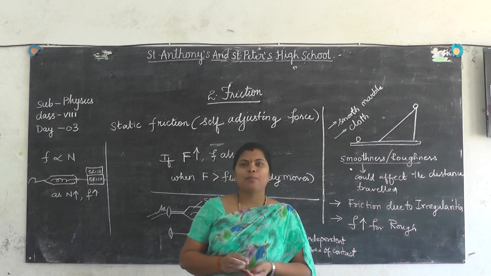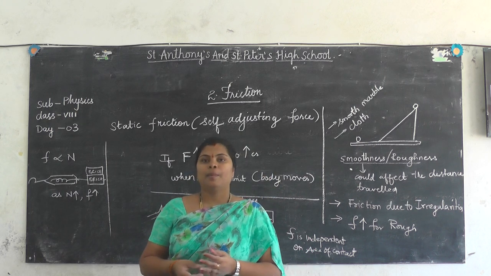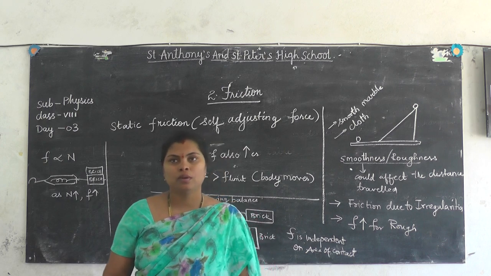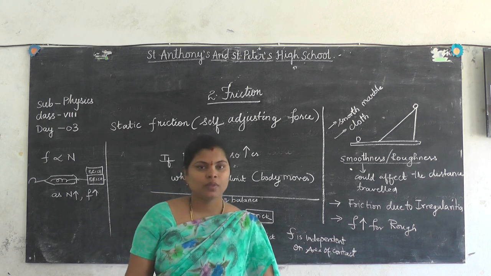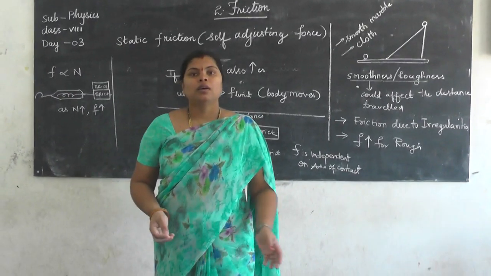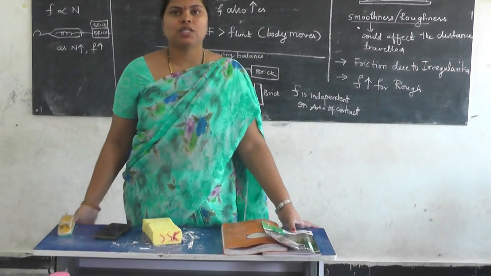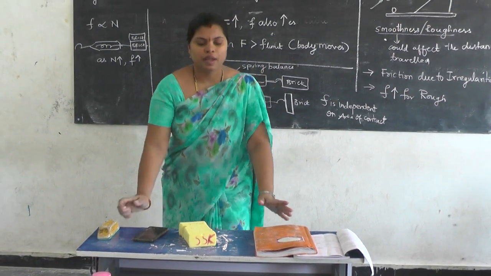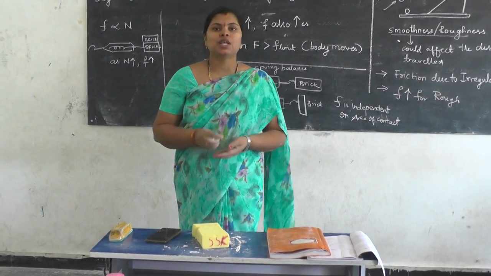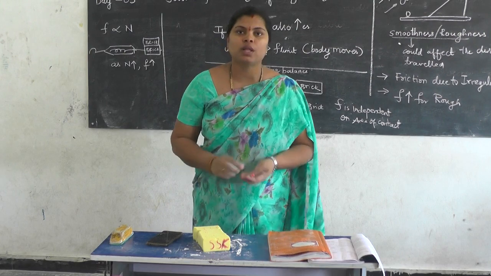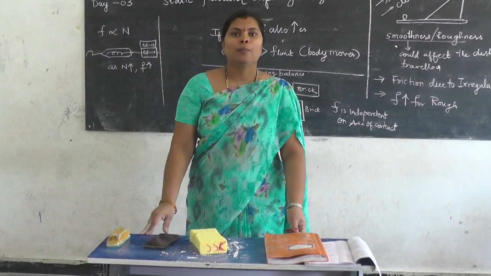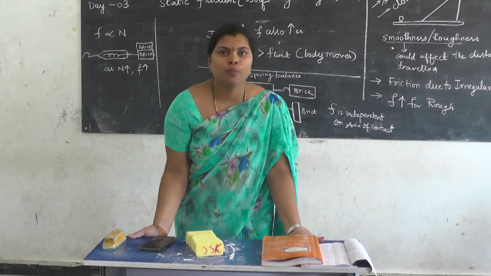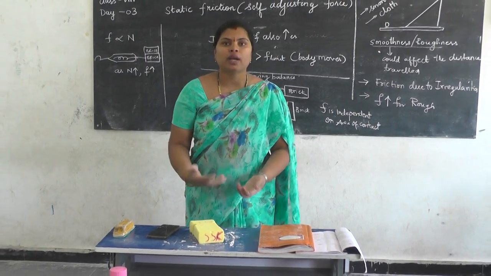Let me take the example of a bench. I want to push this bench alone. If I want to push it, I need to apply some force on it, right? But I am unable to push with the little force I have applied.